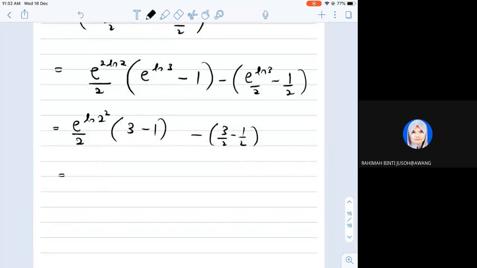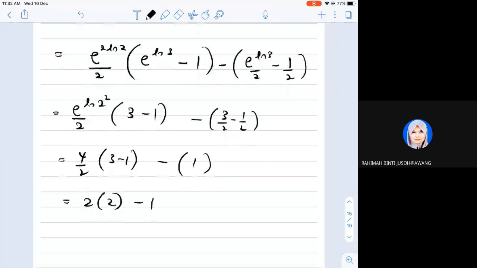Minus 1 over 2, so minus 1. So 2 times 2 minus 1, so we will have 3. Okay, so that's the answer.